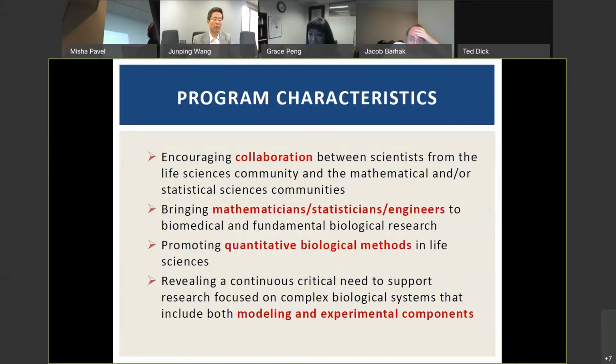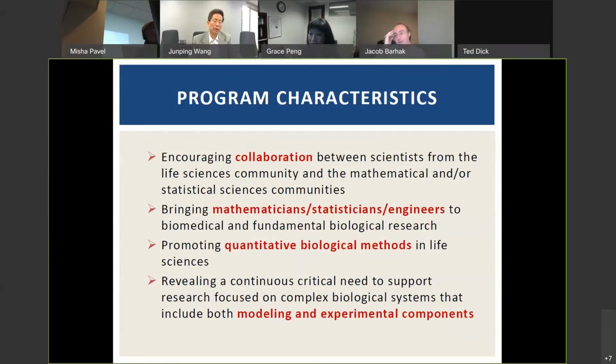Here is a characterization of the program. We encourage collaboration between mathematicians and biologists. This program allows us to bring mathematicians into medical and fundamental biological research, and we'd like to promote quantitative biological methods in the life sciences.